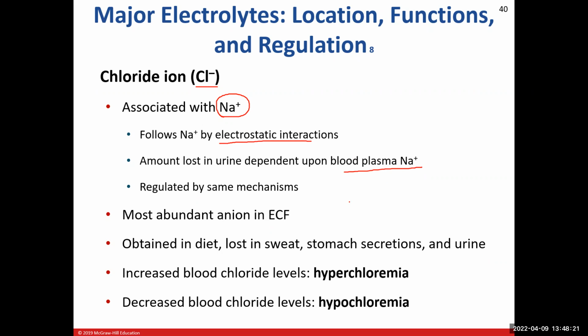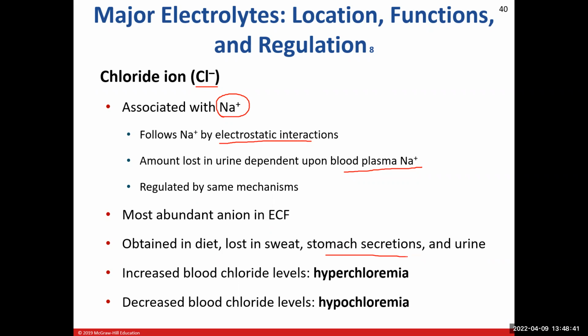We do need chloride for several functions. For digestion, for example, it is one of the ingredients of one of the digestive secretions in your stomach, hydrochloric acid. So we need chloride for our stomach secretions.